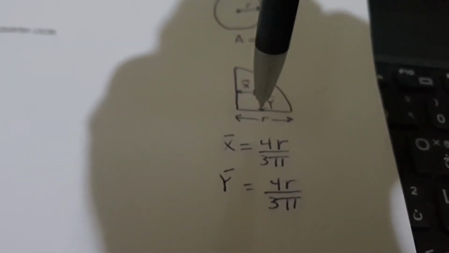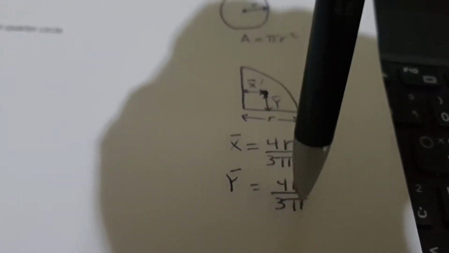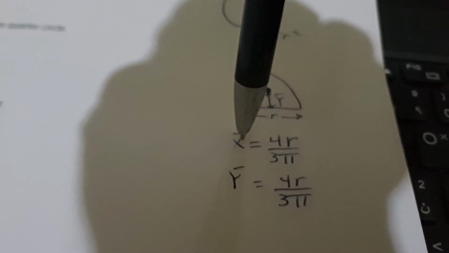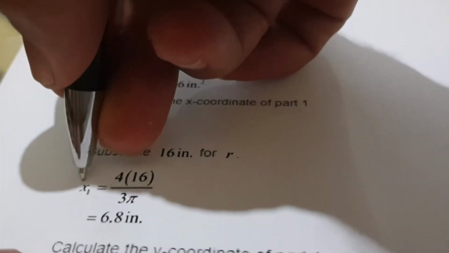And y bar, the distance of the centroid here, is 4r over 3 pi. So we're going to find out x bar and y bar.